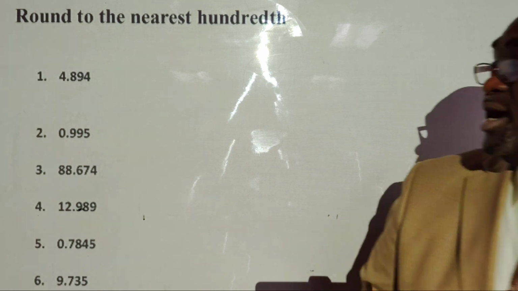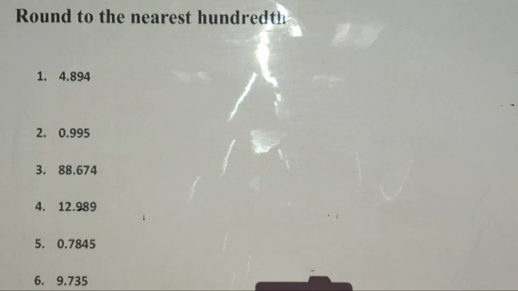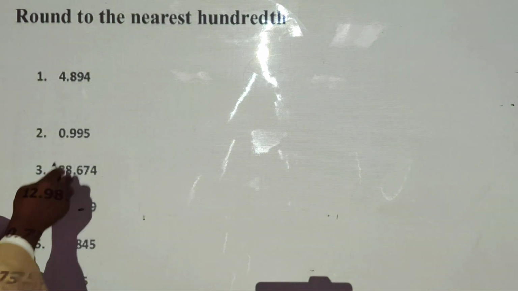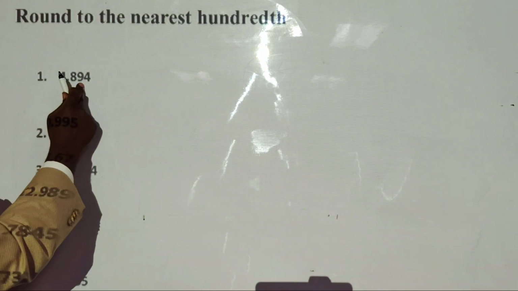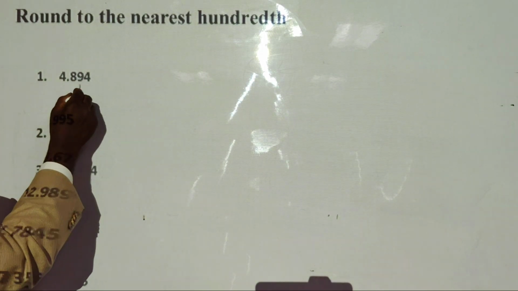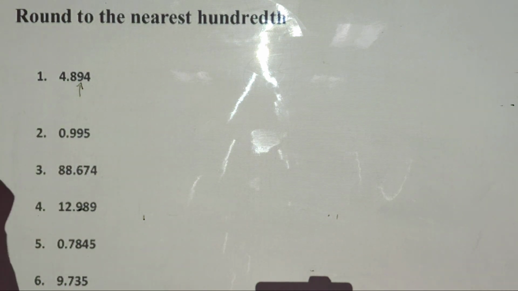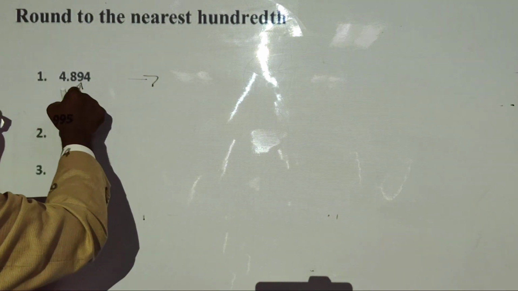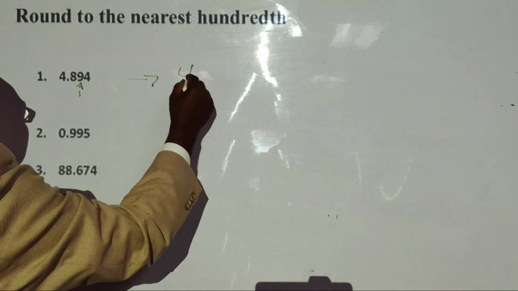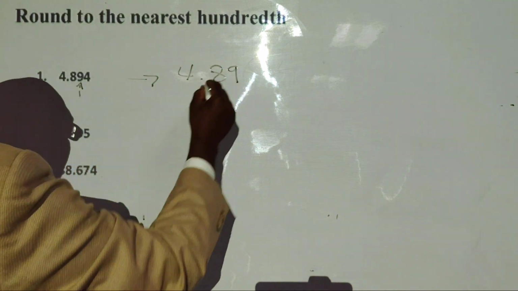It's the number that comes right after the second place after the decimal. That's what we call the hundredth place. So the first one is the tenth, the second one is the hundredth place. So we're gonna stop right there. You look at the number after that, it's 4. As a consequence, we're gonna drop 4. Our answer is gonna be 4.89.